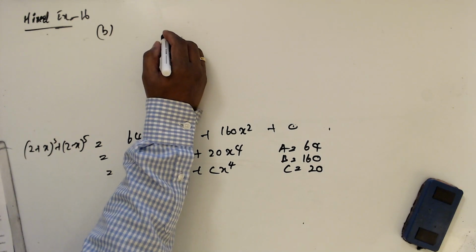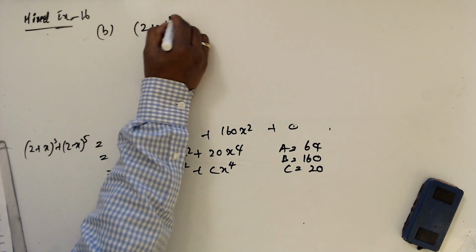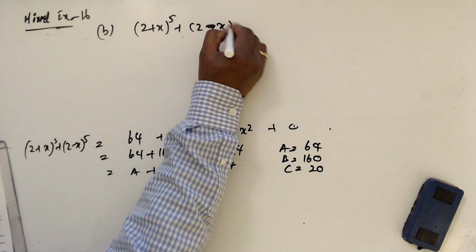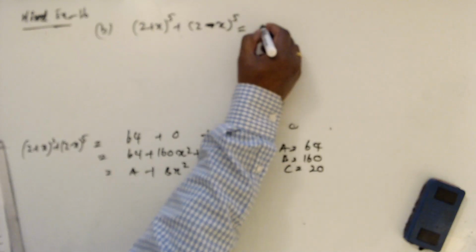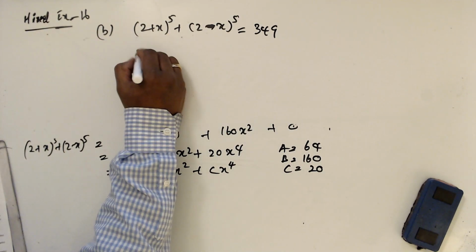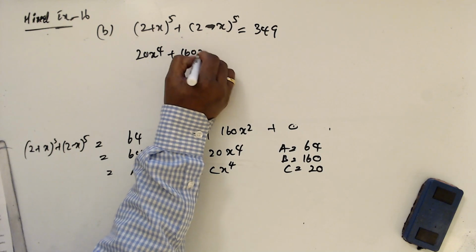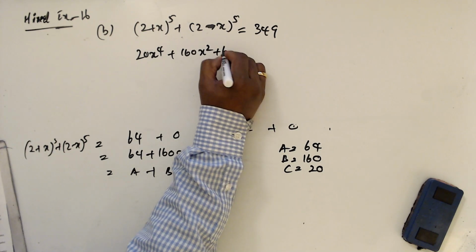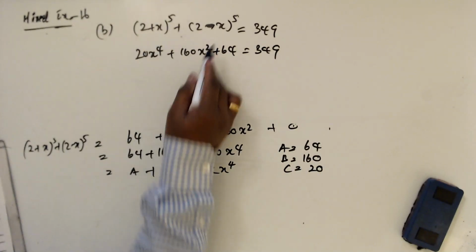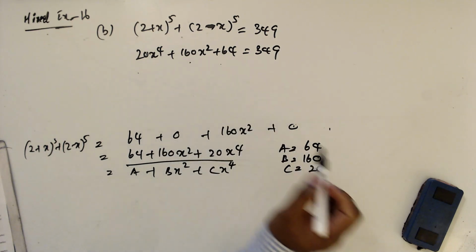Part B, we want to solve (2 + x)^5 plus (2 − x)^5 equals 349. It means 20x^4 plus 160x square plus 64 equals 349.